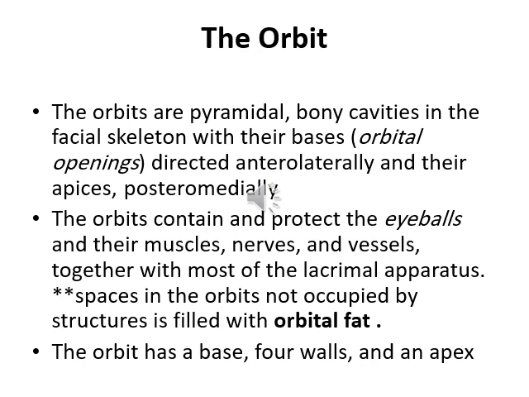The orbit contains the eyeballs, the surrounding extraocular muscles, nerves and vessels, and orbital fat, with different tendons, ligaments, and fascia.